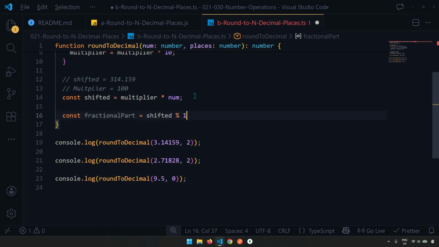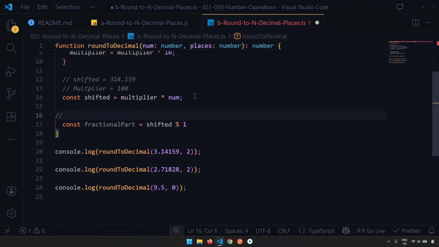It doesn't change. I am saying shifted modulo 1. That's the correct terminology. If it is a number that has decimal points and you say modulo 1, it's going to give you the decimal places. That's the cool part about this. So 3.14159 is shifted. We say modulo 1.